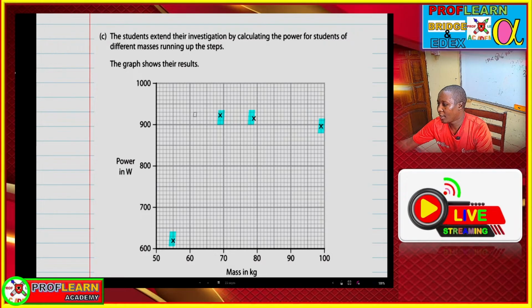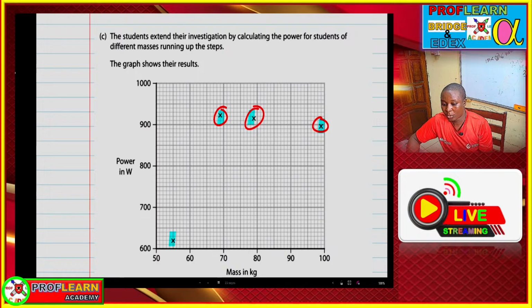But you see, they have just taken 3 extra students in the process of extending the investigation. And we can say that this sample they have taken, just 3 students, is not enough to make this particular conclusion.